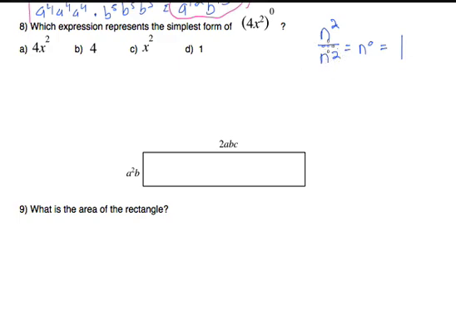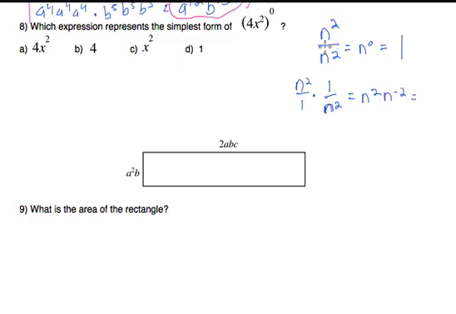And similarly, we can write n squared over n squared as n squared over 1 times 1 over n squared. And how do you write n squared over 1? Just n squared. But how do you write an exponent in the denominator? Well, if your base is being raised to an exponent and it's in the denominator, we denote that by using negative exponents. So that would be n to the negative 2.